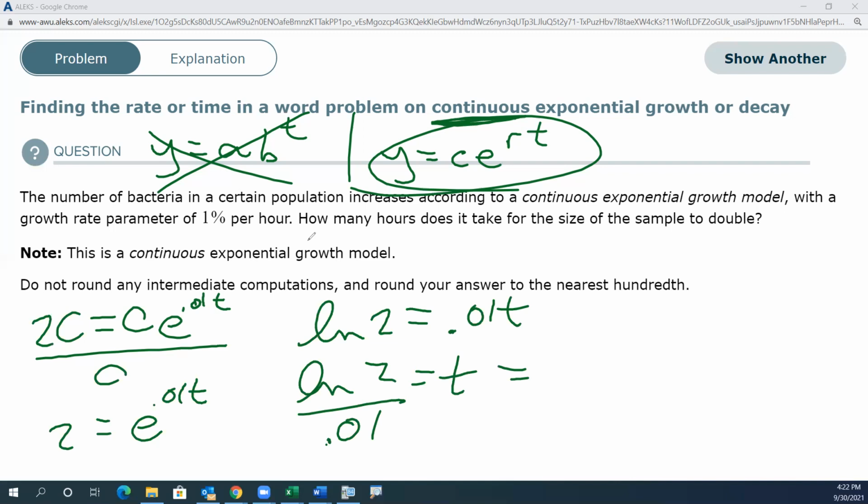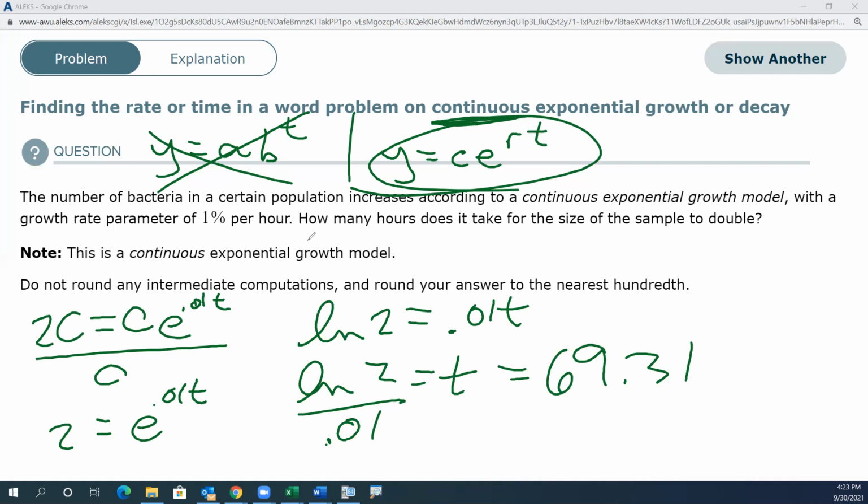All right, so I'm going to do ln of 2. Actually, I'm going to turn on my calculator first because that'll work really good. ln of 2, and then divided by 0.01, and that gives us 69 and nearest hundredth, 0.31. 69.31 what?